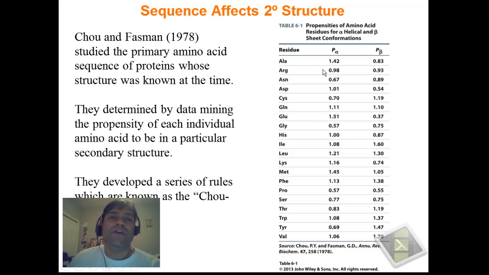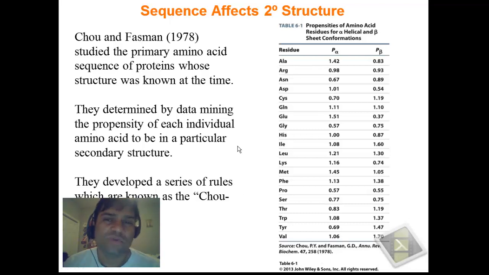And now you have the first primordial predictive method known as the Chou-Fasman rules. They still exist today. Obviously, the technology has vastly improved. And you can see here, very landmark for its time, these Chou-Fasman rules. Now, if you read the paper, the rules are very specific.